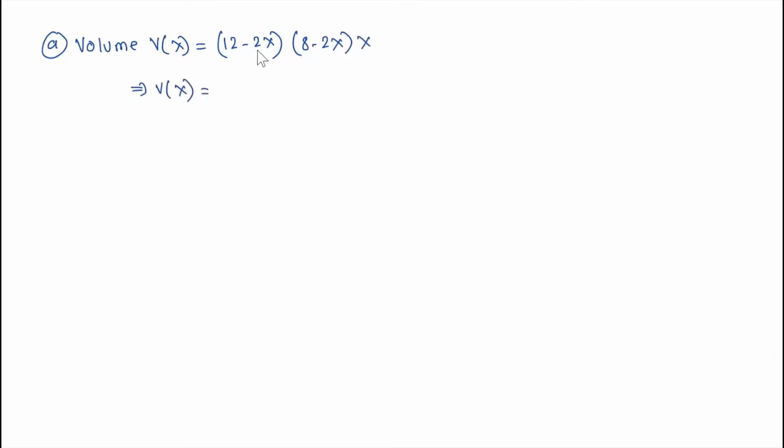If we FOIL these two and then multiply by x, then we get 4x cubed minus 40x squared plus 96x. So that is the exact formula for the volume of the box.